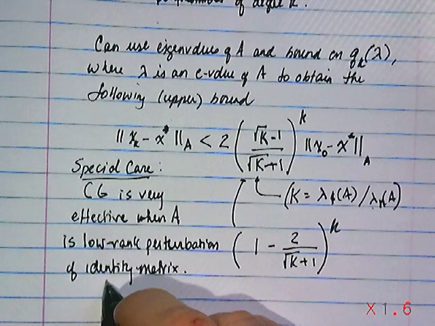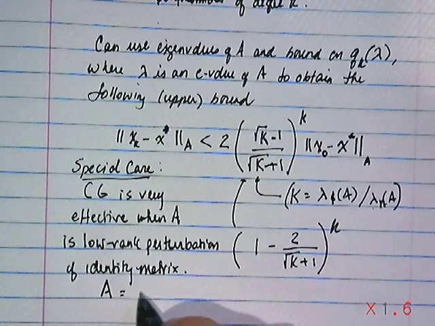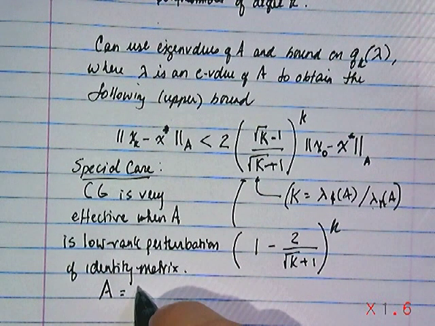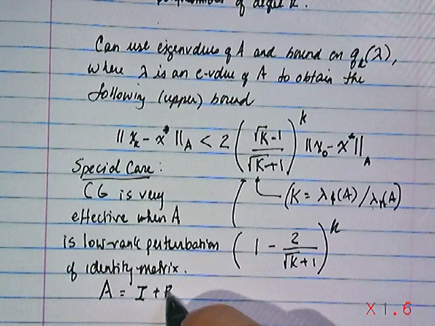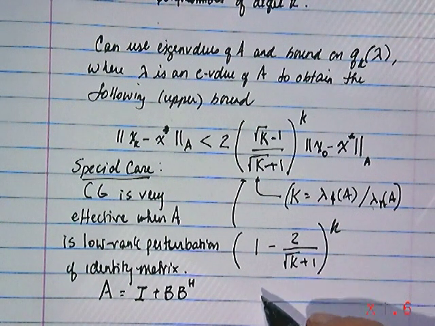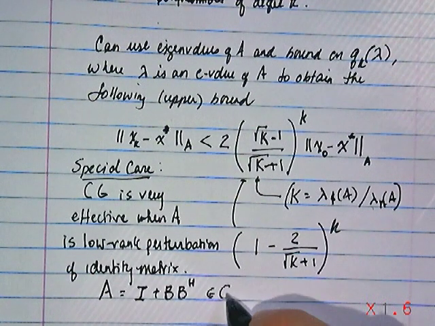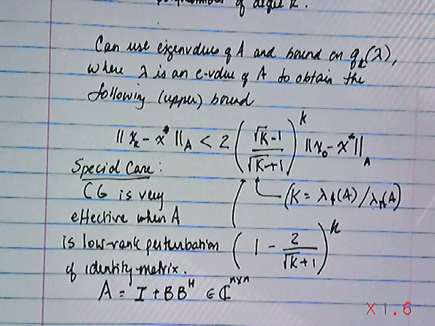So what I'm talking about is there's sometimes in signal processing and a lot of other applications related to electrical components, you might see the iteration matrix looking something like this. It's a perturbation. It could be in the case of square complex matrices.